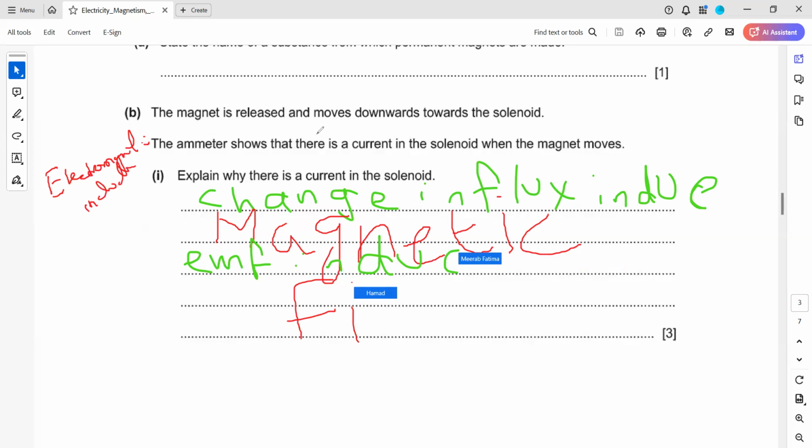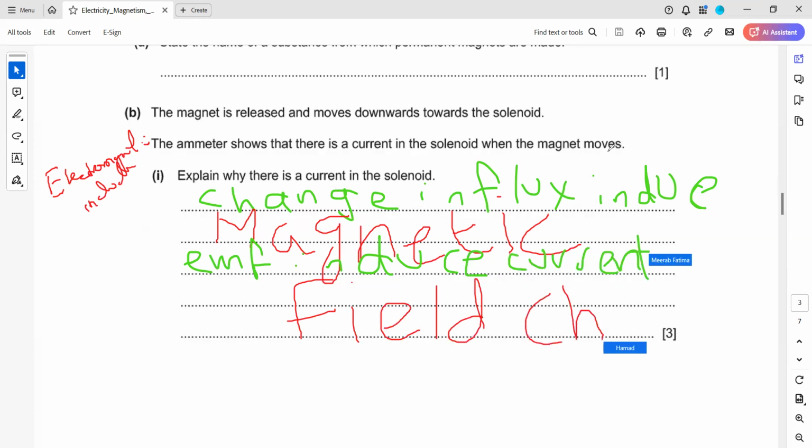So what is electromagnetic induction? A change in the magnetic flux induces an EMF. And one more thing, whenever the circuit is complete, only then does it produce a current. So a change in the magnetic flux, a change in the magnetic flux linkage. How do you score the 3 marks, the distribution of the marks for this one?